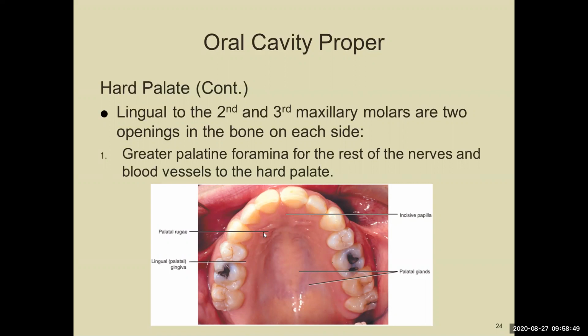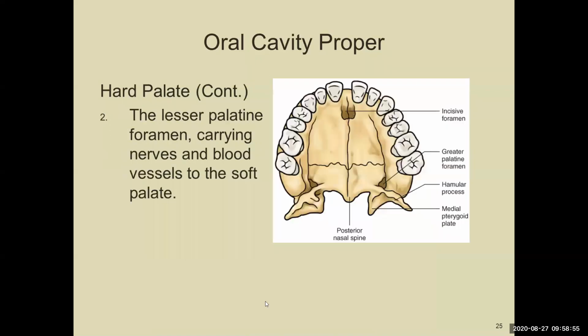Now, those wrinkles of connective tissue are the palatine rugae. The lesser palatine foramen carrying nerves and blood vessels here, right? And then you've got your greater palatine foramen. So when you're doing an injection, you're going to be feeling for this little indentation here, because that's going to tell you about where you want to place your needle.